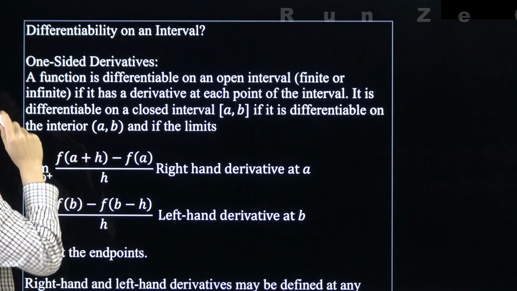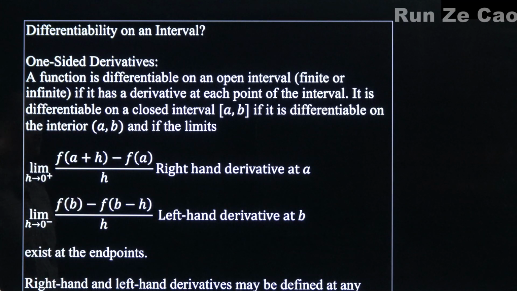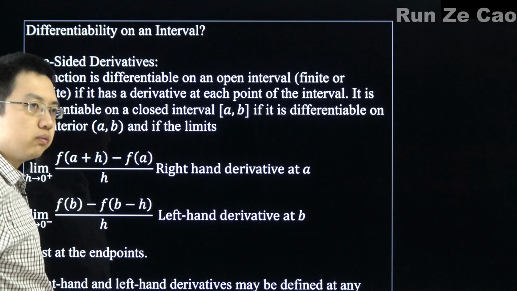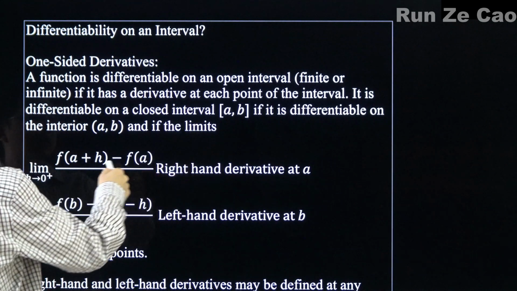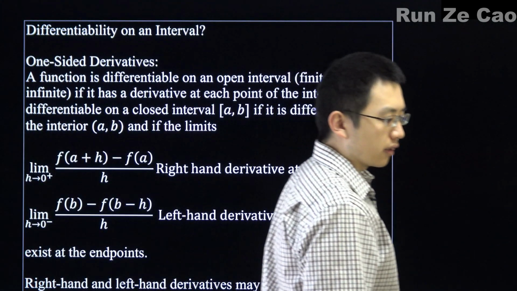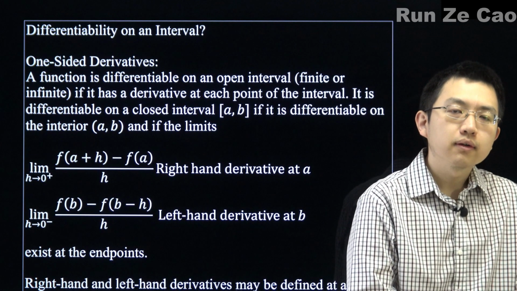So, if it's differentiable on an open interval, it has a derivative at each point of the interval. Okay, on a closed interval, well, at the endpoints, we can't exactly look on the other side of the endpoint because it's a closed interval. It's firmly bound to that endpoint.